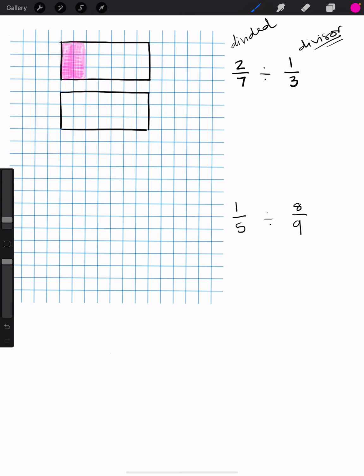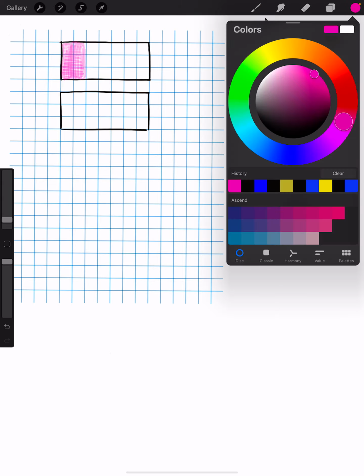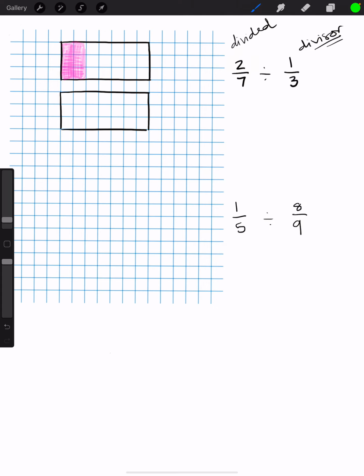So if I color in 2 of them, that would represent my 2/7. If I want to then use my second rectangle to represent 1/3, I know that I have 3 different rows. So I can just color in 1 of them, and then it'll be my 1/3.